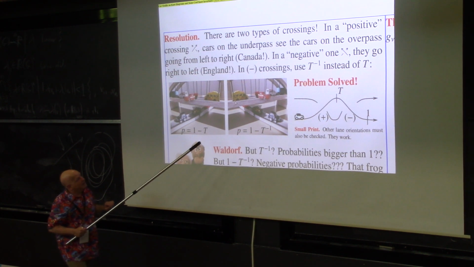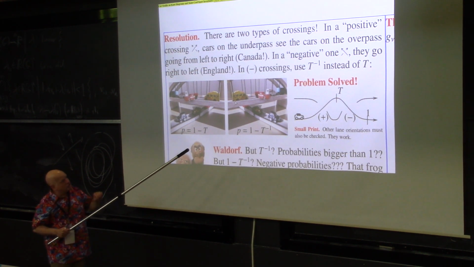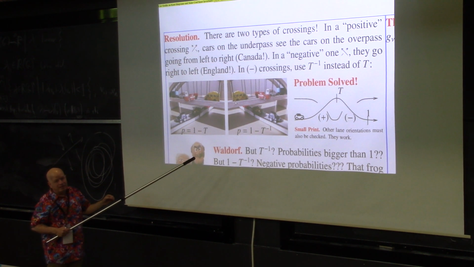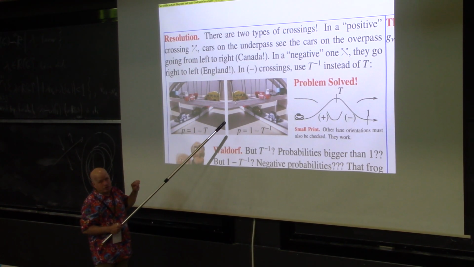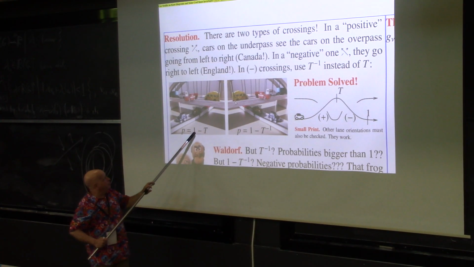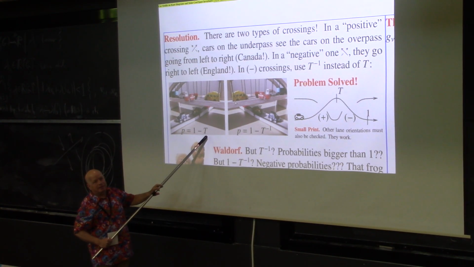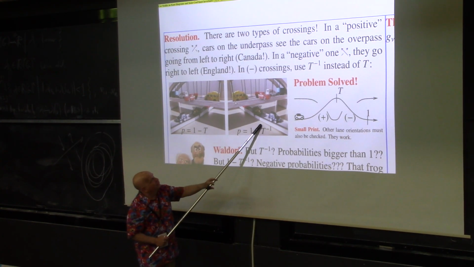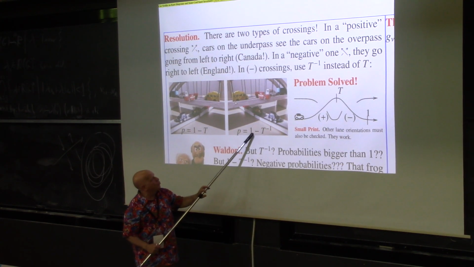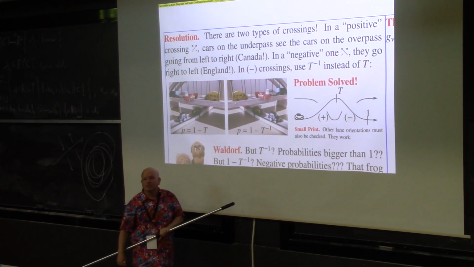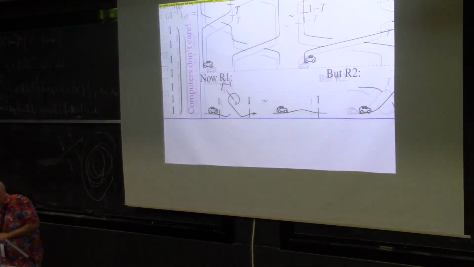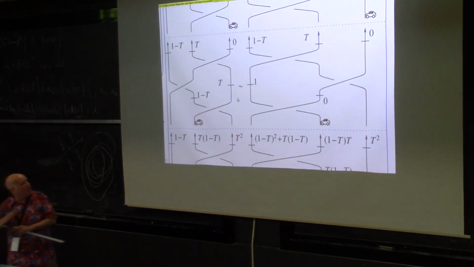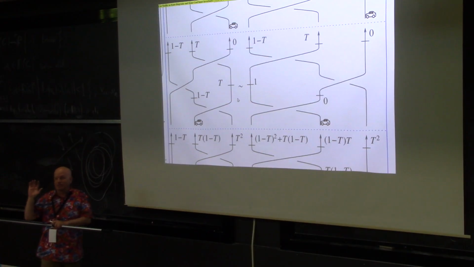And then the trick is to change the traffic rules, and the probability for dropping, instead of being 1 minus t, on negative crossings becomes 1 minus t inverse. This doesn't change anything in what I've done before, because all of these crossings were positive.